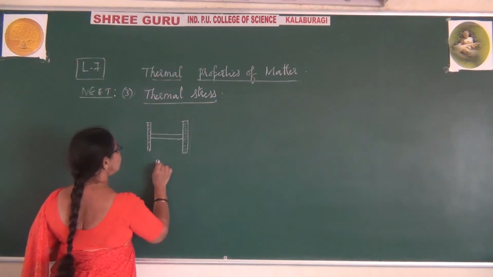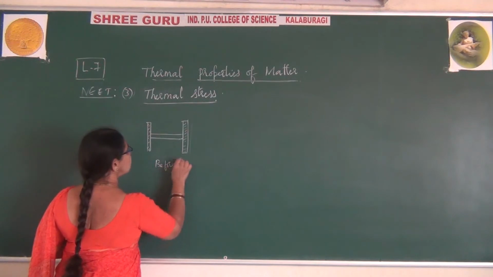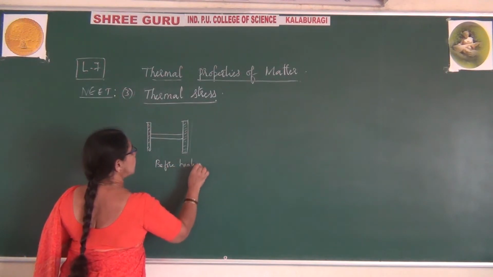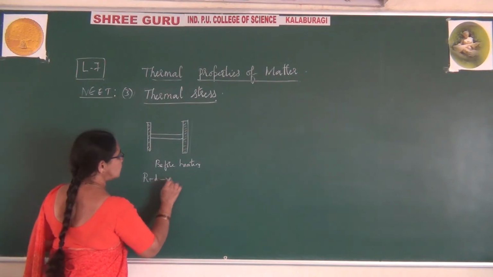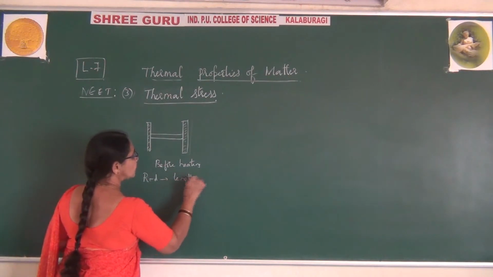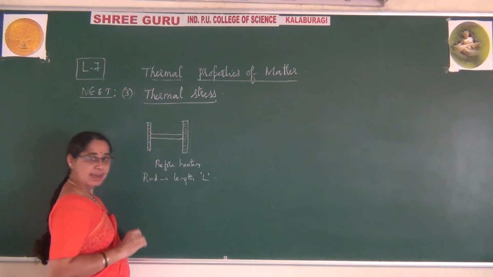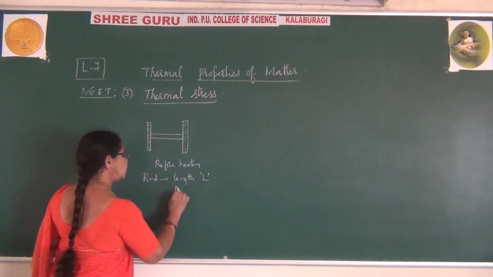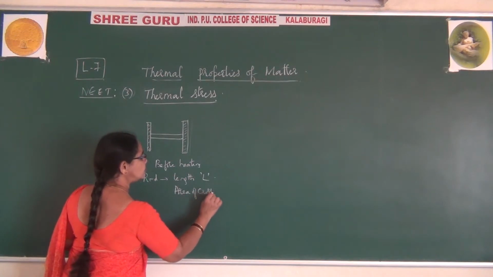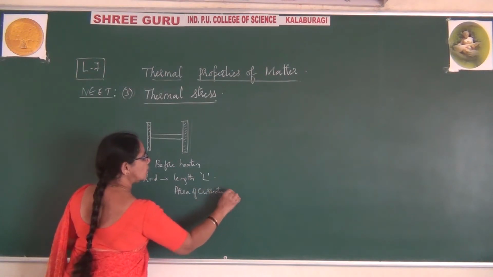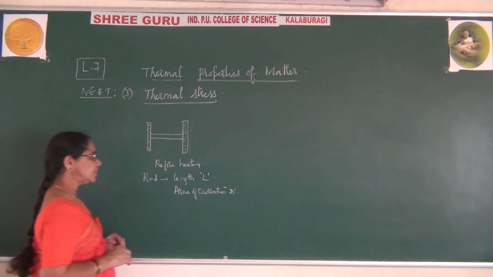This is before heating: the rod is of length L, and the area of cross section is A.